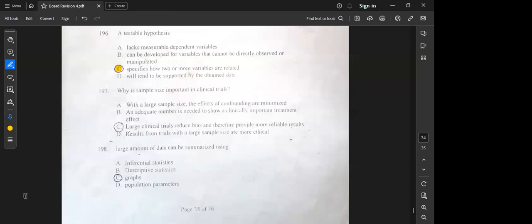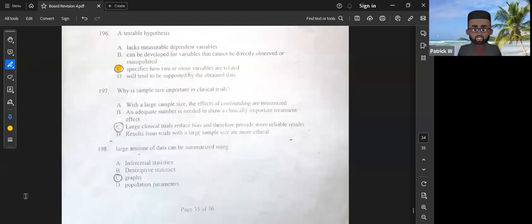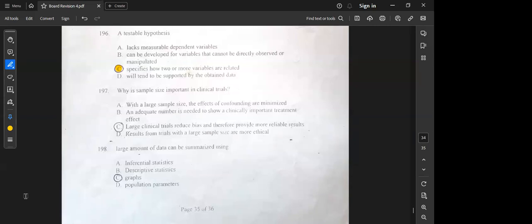Large sample size. C makes sense. I think C is fine. Any disputes, additions?